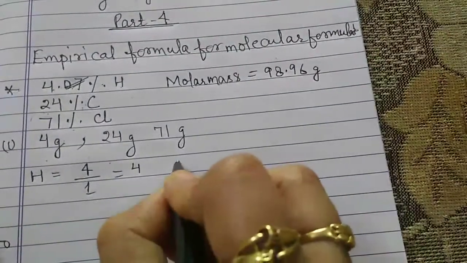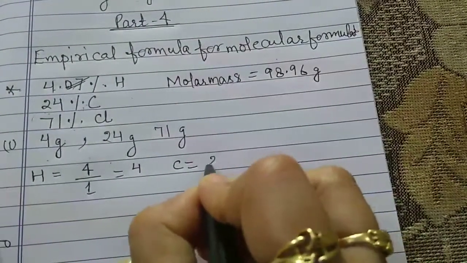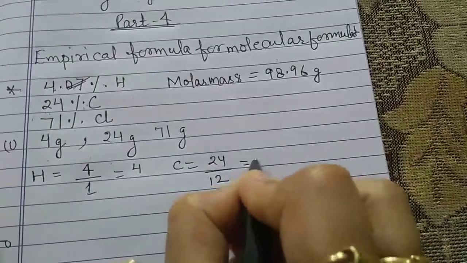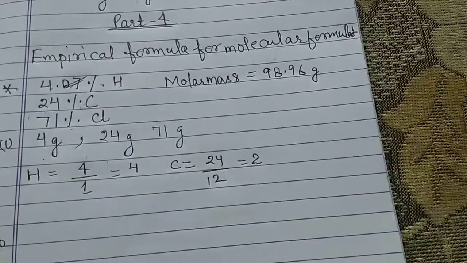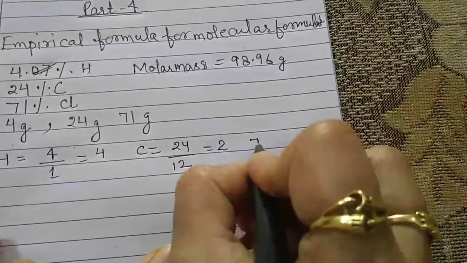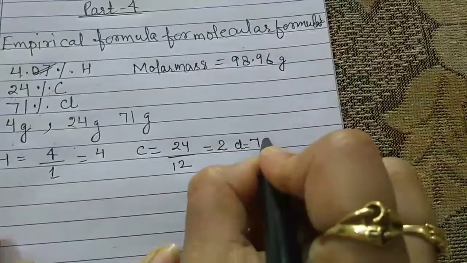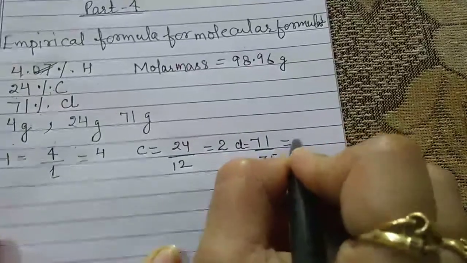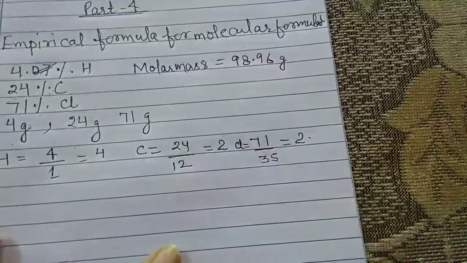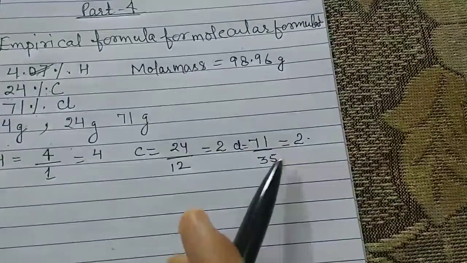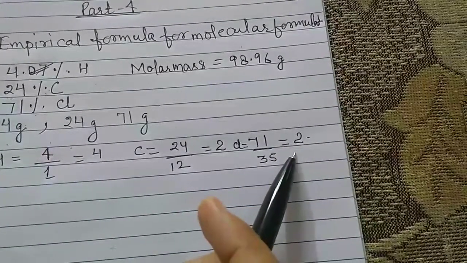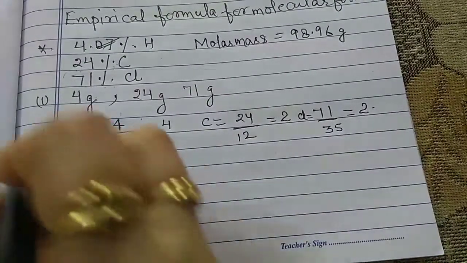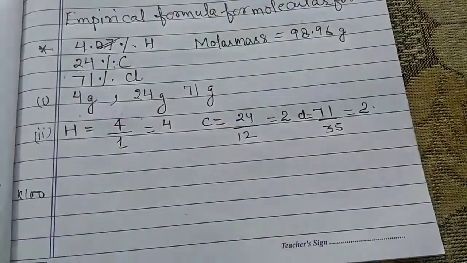For carbon, given is 24, atomic mass is 12, so it is 2. For chlorine, given is 71 and atomic mass is 35, so we have nearly 2. Now this is the second step.